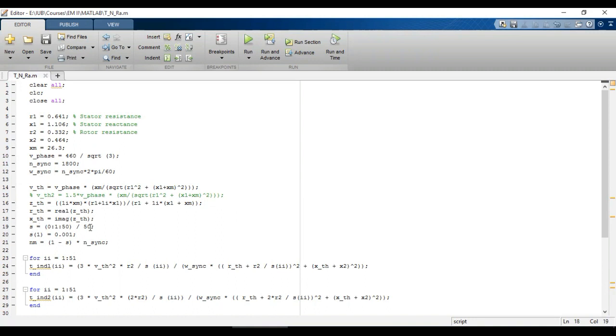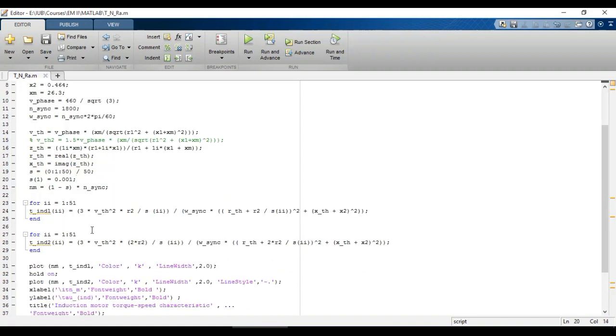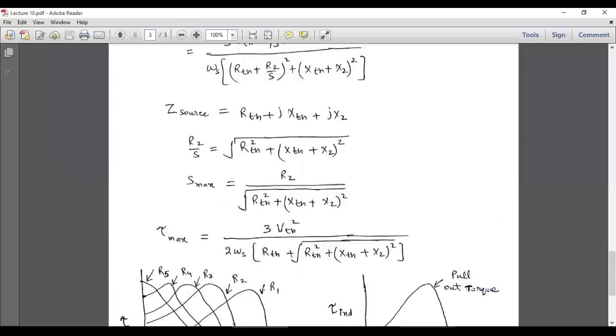Now we are plotting this torque speed characteristic as a function of slip. So this is the slip. I am going to vary this value of slip from 0 to 1. But the first value, which is actually 0, is replaced with 0.001, because if we don't do this, the slip will be equal to 0 for the first term.